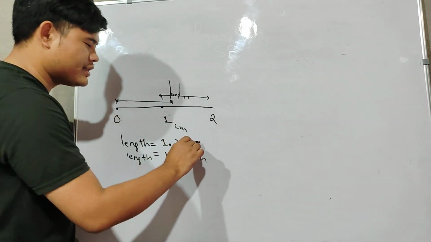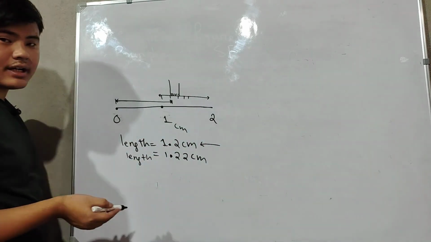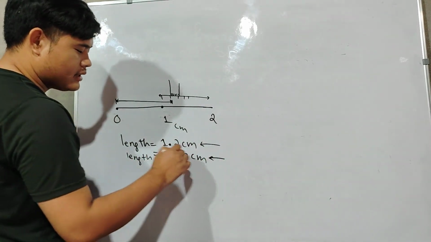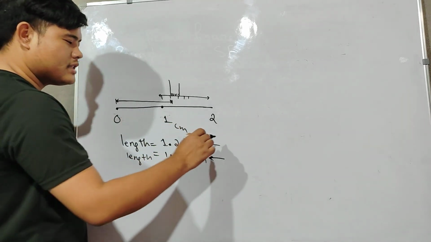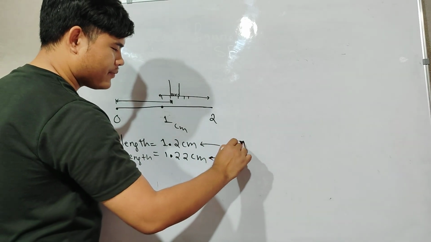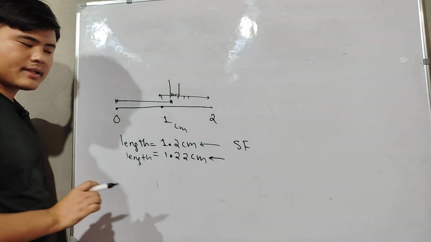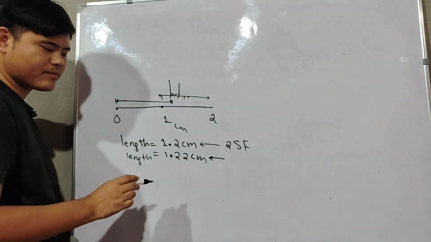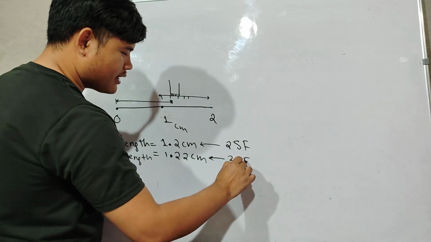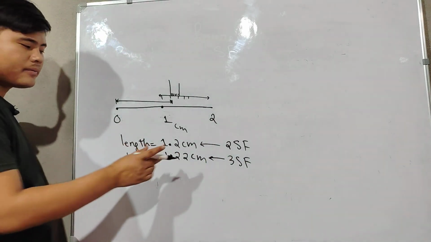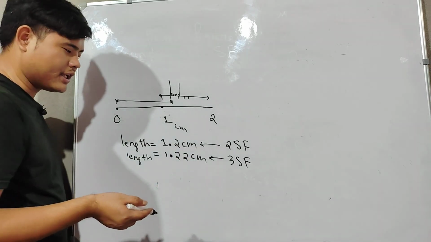These digits that we are confident about during the measurement are called the significant figures. Here there are 2 significant figures. Here there are 3 significant figures, because we are confident up to 3.